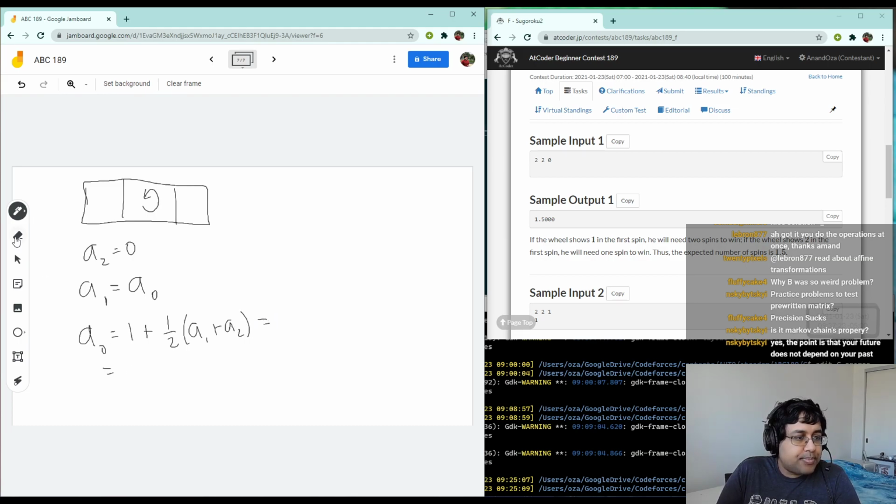I'll write that here. So this is 1 plus... And now we still have an a0 in here. And now if you solve this equation, a0 equals 1 plus 1/2 a0, you get a0 equals 2.